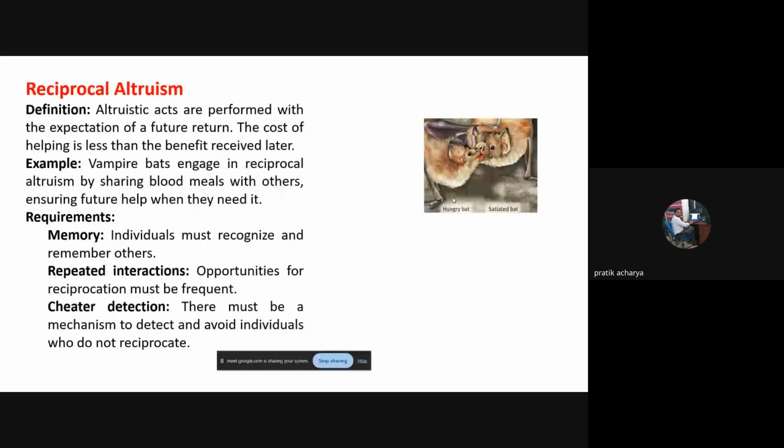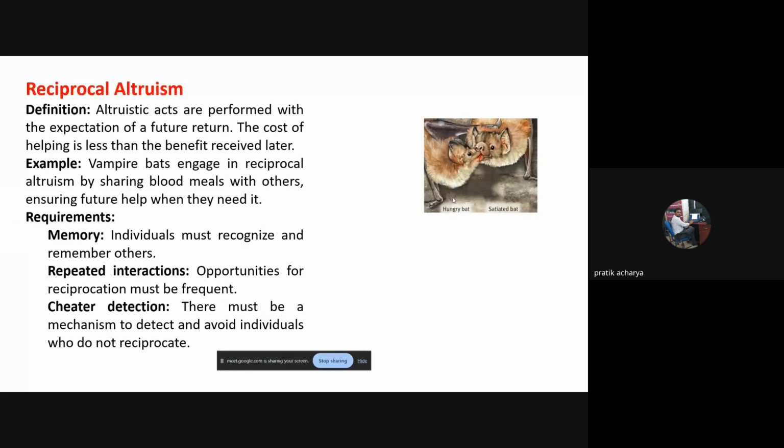The last part of this chapter is reciprocal altruism. In the previous part, altruism, an organism helps another organism without expecting any return. But reciprocal altruism means an organism helps another organism while expecting some return gift. For that, it uses memory, repeated interactions, and cheater detection.